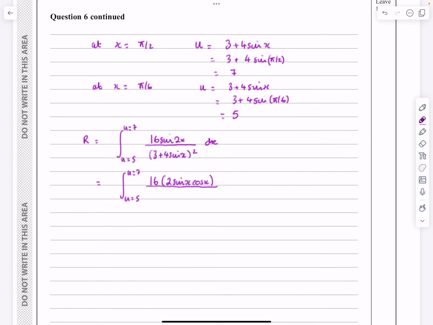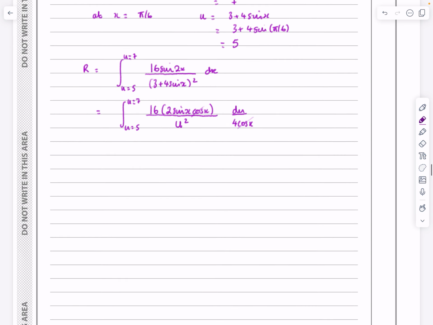The 3 plus 4 sine x being replaced by u, so u squared, and the dx I can replace with du over 4 cos x. So we can see now that this cos x and this cos x are going to cancel, which gives me the integral between u equals 7 and u equals 5 of 32 sine x all over 4 u squared du.